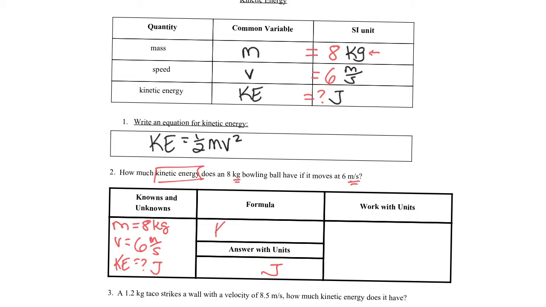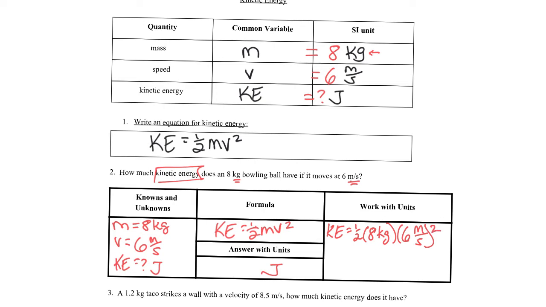So my formula for kinetic energy is always going to be 1/2 mv squared. So let's write this out. 1/2, m is 8 kilograms, and v is 6 meters per second, but I can't forget that squared.